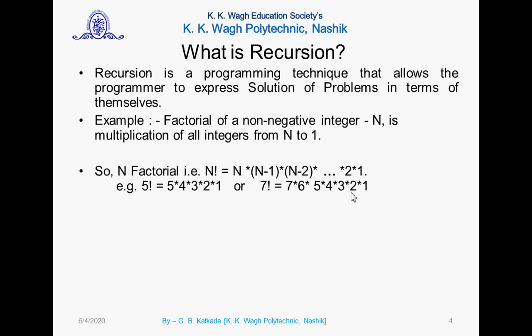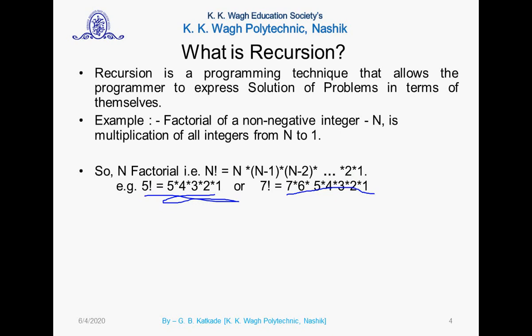Mathematically we write the expression like this: 5 factorial is equal to 5 into 4 into 3 into 2 into 1, or 7 factorial is written as the multiplication of all numbers from 1 to 7. In general, n factorial is specified as n into n minus 1 into n minus 2 up to 2 or into 1.